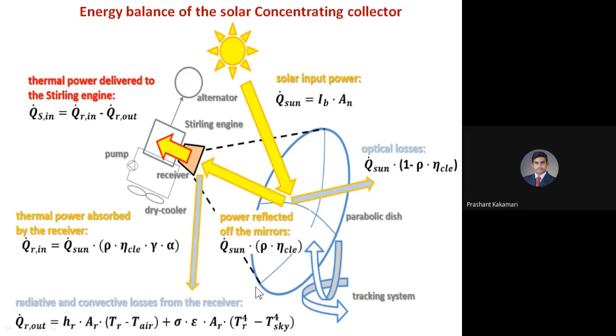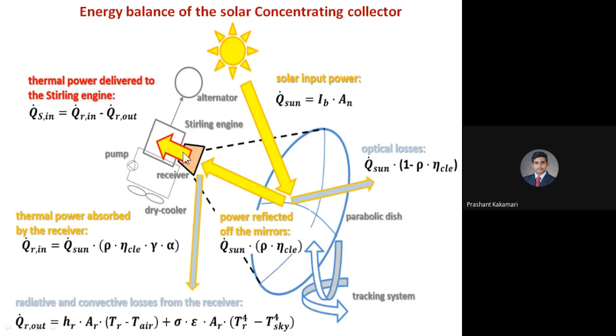Then again, the power reflected on the mirrors. So whatever energy is received by the absorber, they have shown as efficiency with respect to this rho value, or the total solar radiation falling on the absorber plate. Similarly, after the absorber plate receives the solar radiation, there will also be some losses, because the absorber plate or the absorber tube should pass the energy to the fluid.